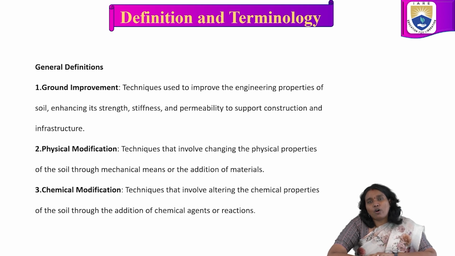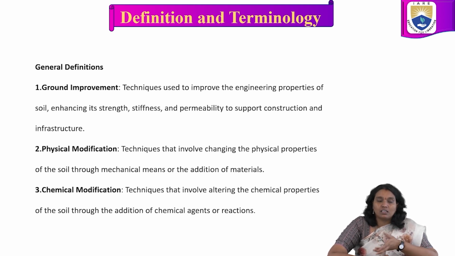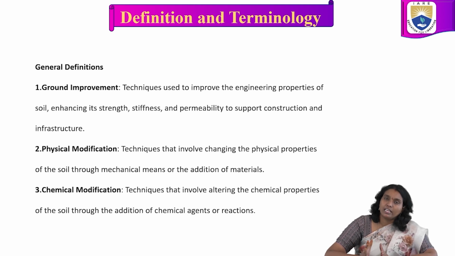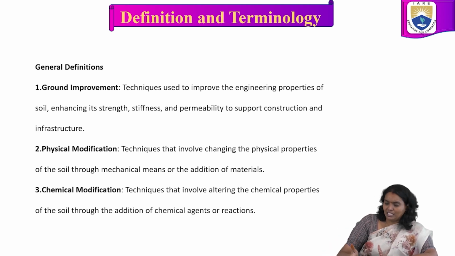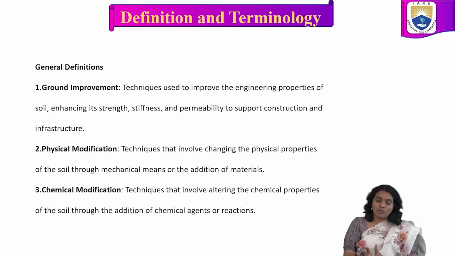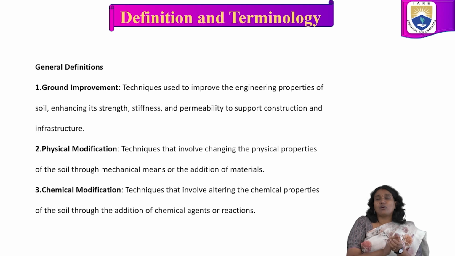Coming to the chemical modifications, we use admixtures, chemical agents and other different things for the modification. For this, we have to understand the various properties of those chemicals, and once that kind of chemical is induced into the soil, what are the various reactions we will get.